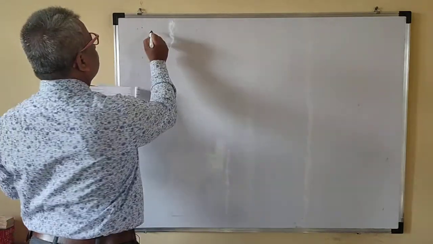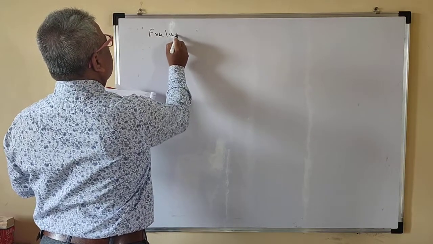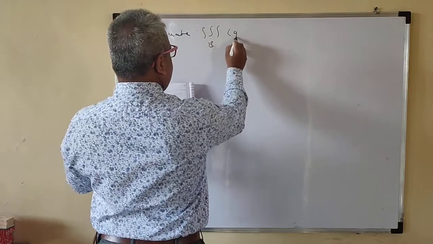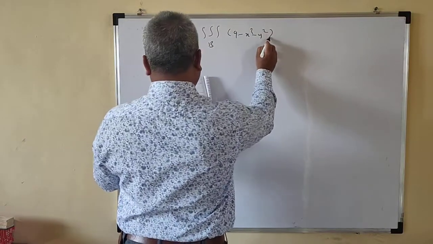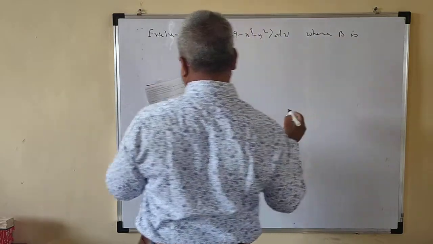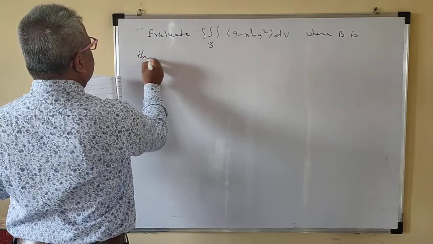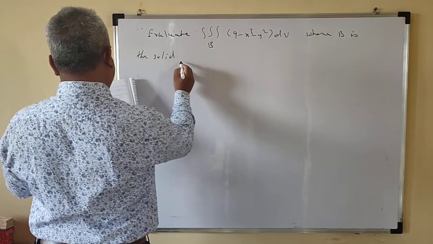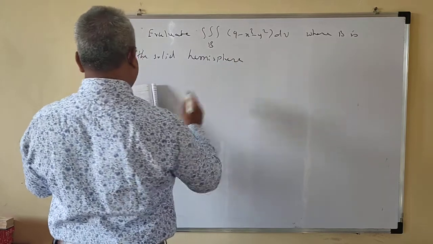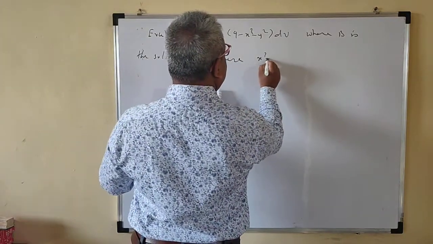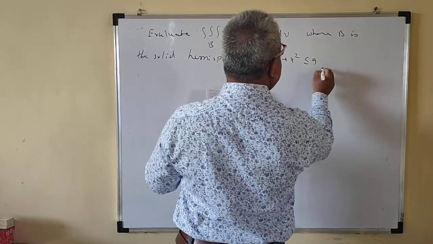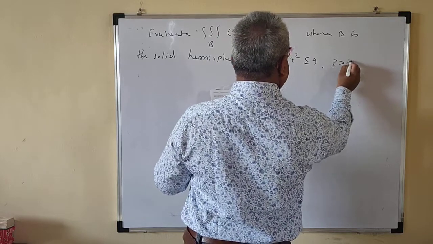Next, evaluate the triple integral over B of 9 minus x square minus y square dV, where B is the solid hemisphere, that is half sphere, x square plus y square plus z square less than or equal to 9, z greater than or equal to 0.